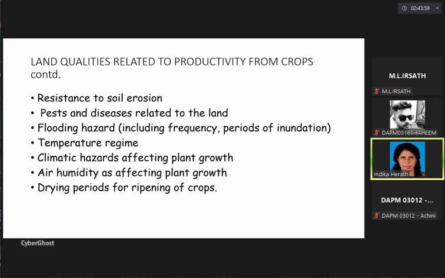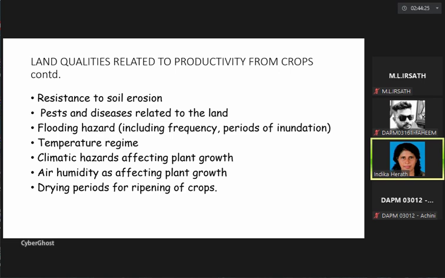Drying period for ripening. Yes, air humidity is RH. So you can understand that in the past, sometimes we get very, very hot conditions, especially when the humidity increases and the temperature increases.